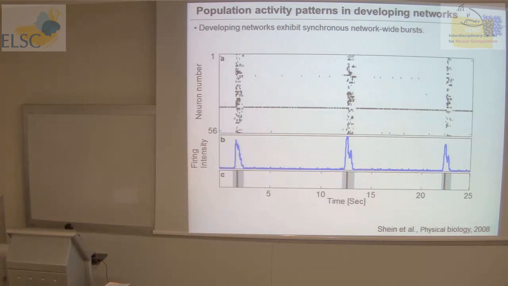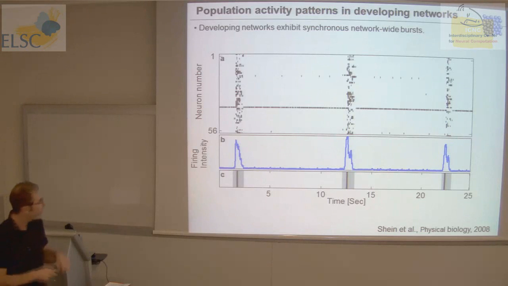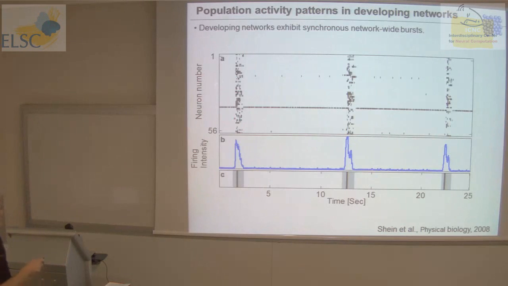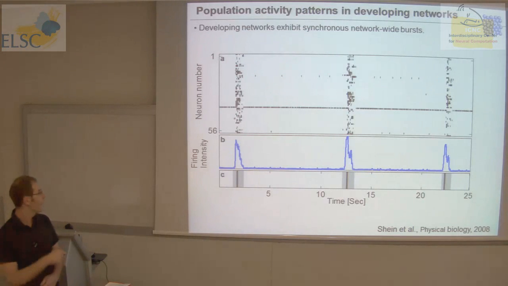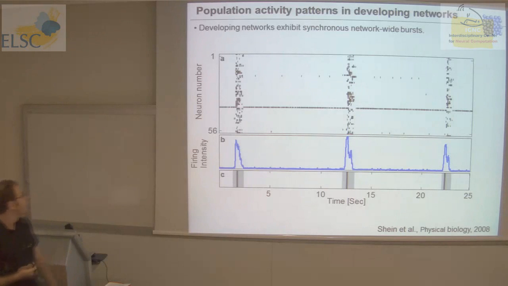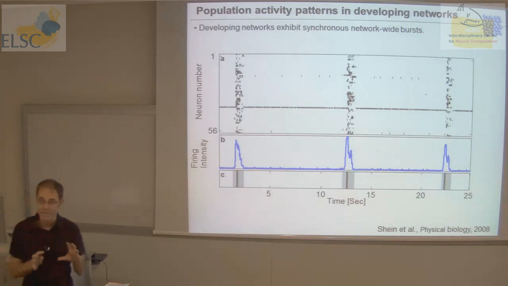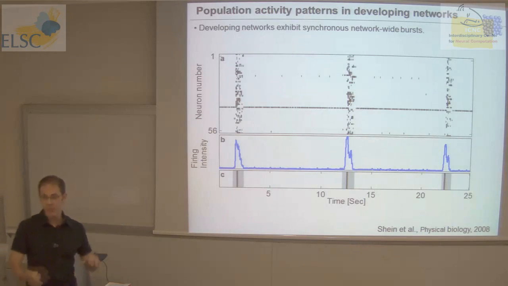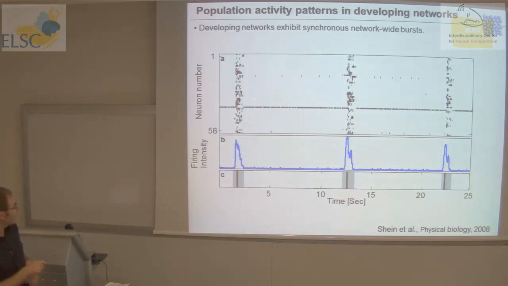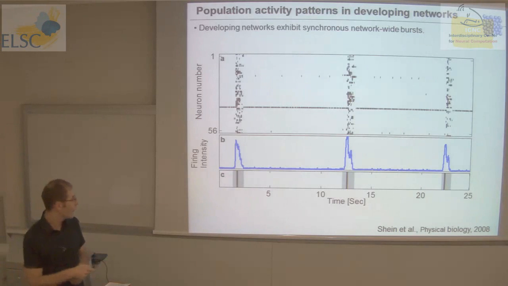If you look at uniform networks, not patterned networks, but regular uniform cultures, when they are developing, they have a very stereotypic activity. This is a raster plot where every row corresponds to the activity of a single neuron, and every black dot corresponds to a spike. You can see a very typical behavior of network bursts, that is, short events of intense synchronous firing throughout the network, separated by longer events of sporadic firing.